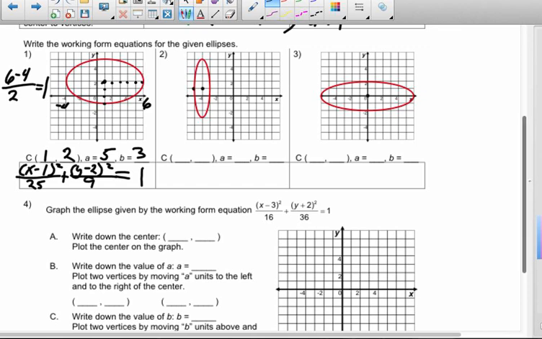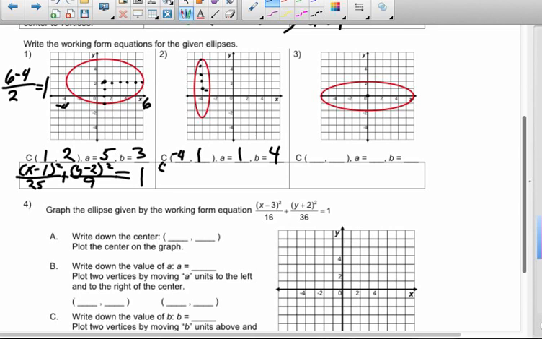All right, so same thing here. I know I'm halfway between these 2 points. The distance is 2. So my center is going to have to be at -4 and 1. A, remember, is a distance in the x direction. So it is 1. And B is the distance in the y direction. So it's 1, 2, 3, 4. And at this point, we can write this thing down.